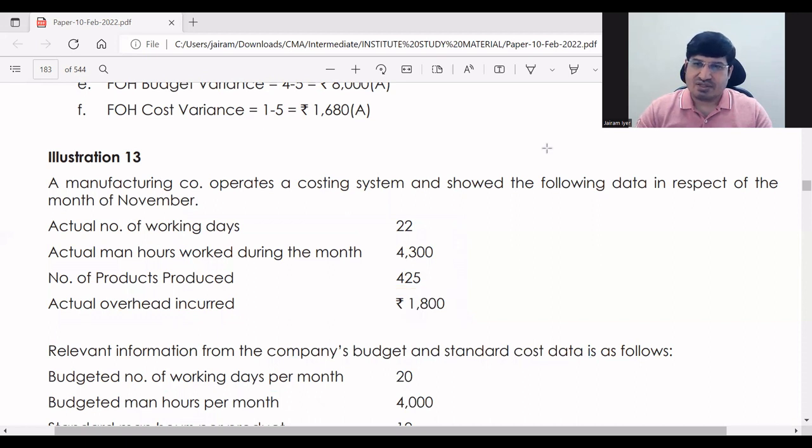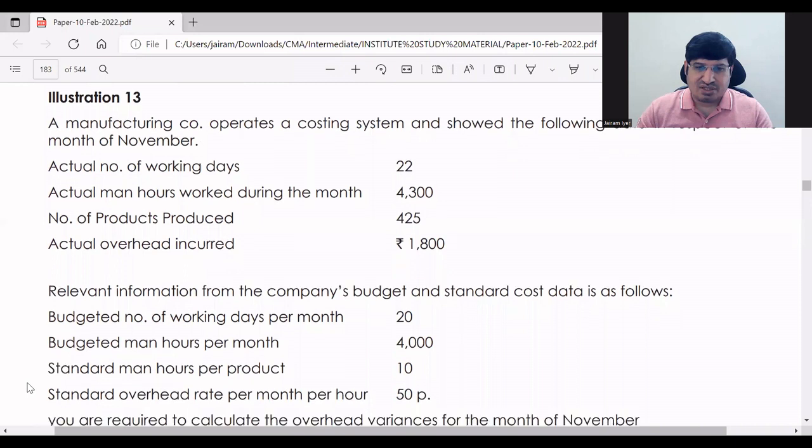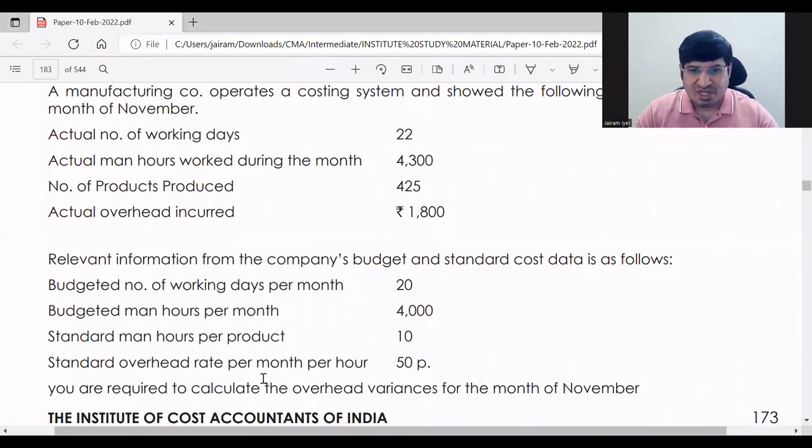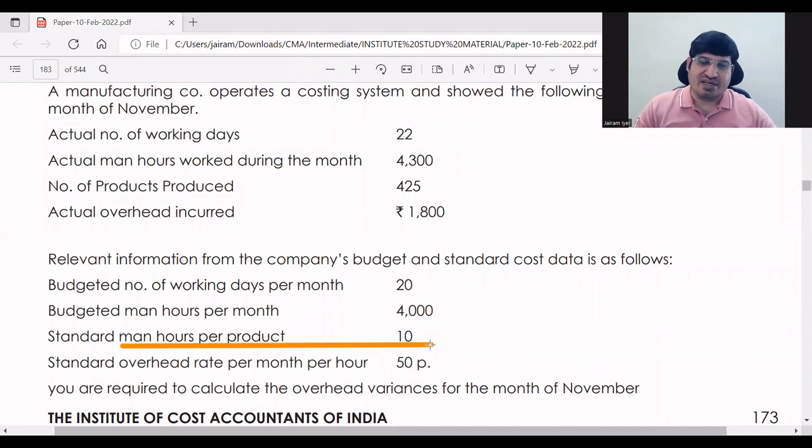Okay, so चलो then इसको थोड़ा सा नीचे ऊपर करते हैं, let's see. So here then standard man hours per product is 10. So 10 hours is required per product. Okay, that is the standard. Standard man hours per product is 10.